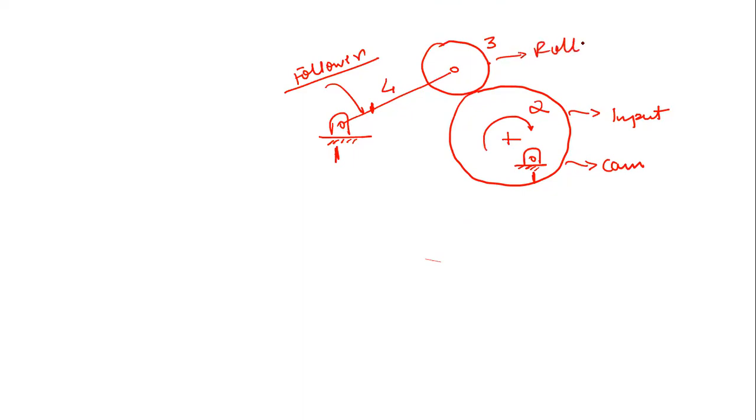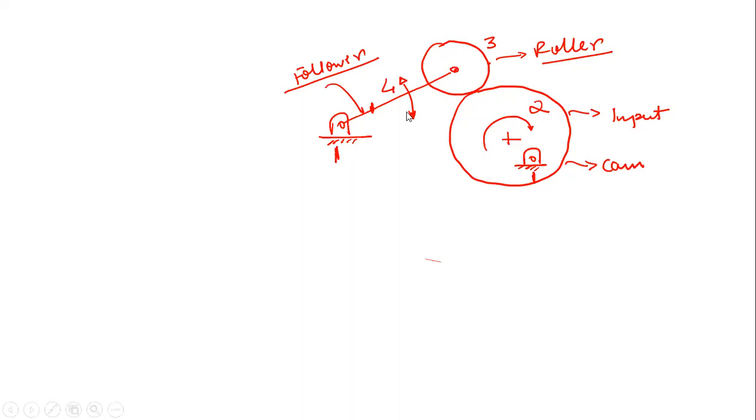This link 3 is generally a roller, right? So now when I turn this link 2, this is a circular cam. Now this was in connection with this roller, so this roller also started rotating around its own axis. Now this motion of the cam was transferred ultimately to this follower through this roller. So this follower will just oscillate, right?